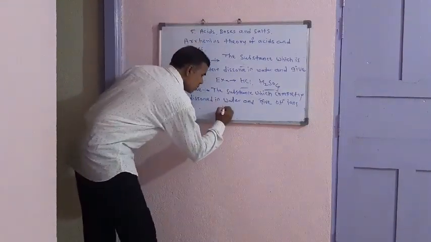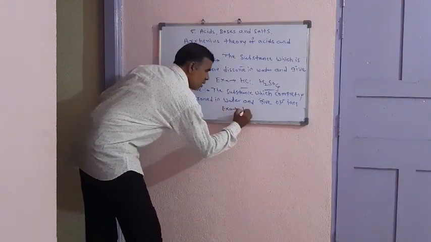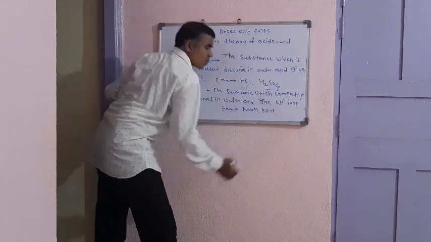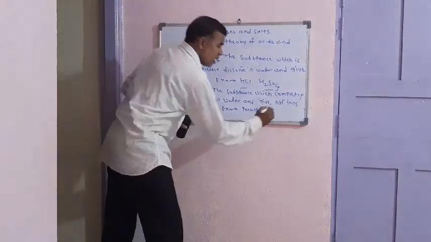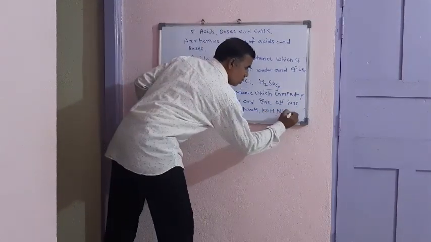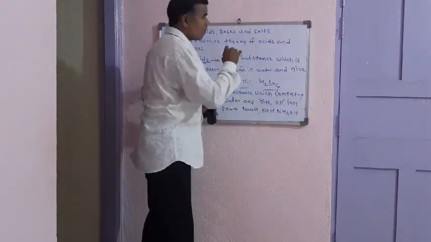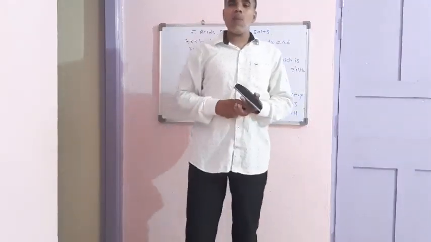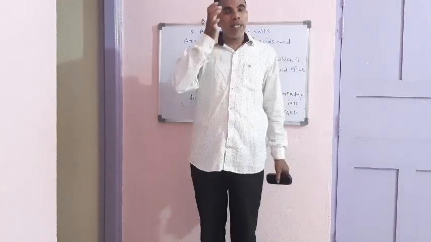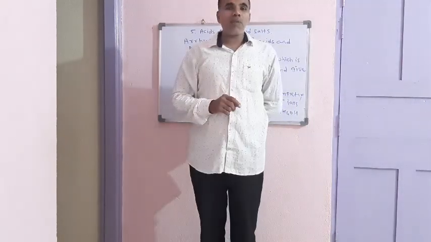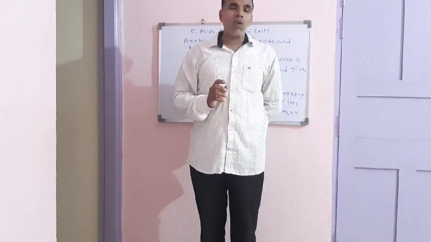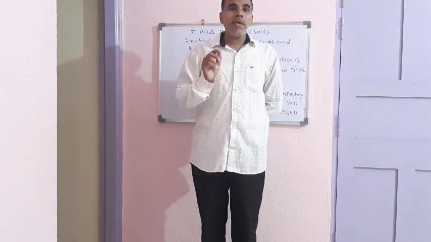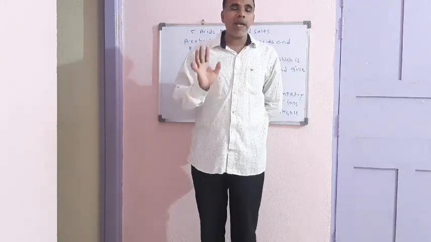Example: NaOH, KOH, NH4OH, these are bases. So the Arrhenius theory of acids and bases explains that an acid is a substance which completely dissolves in water and gives H plus ions and acidic radical.